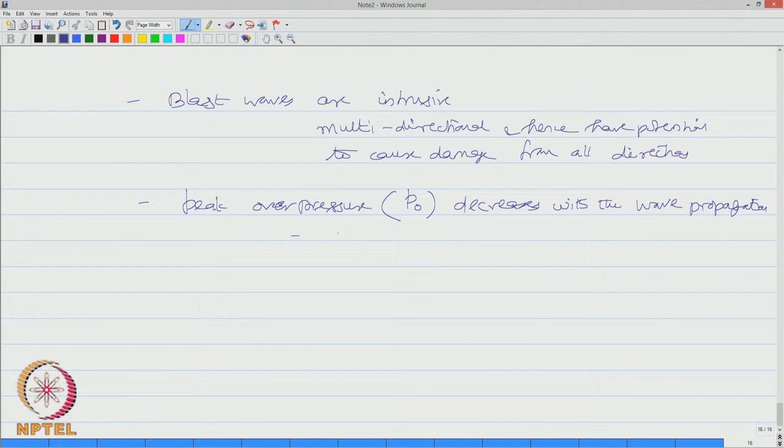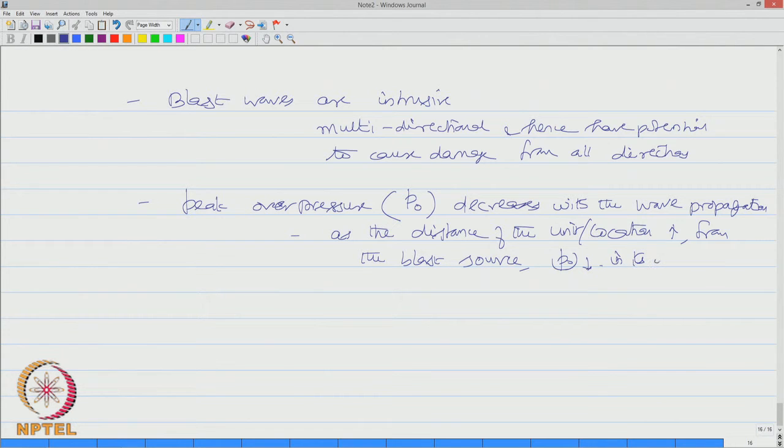It means that as the distance of the unit or location increases from the source, peak overpressure decreases in its intensity.